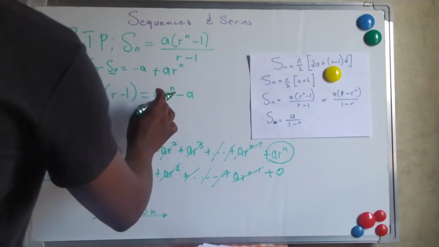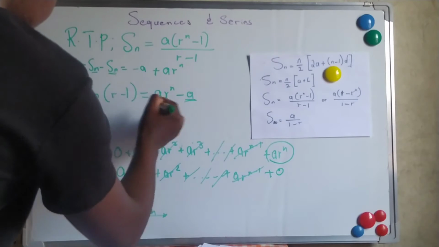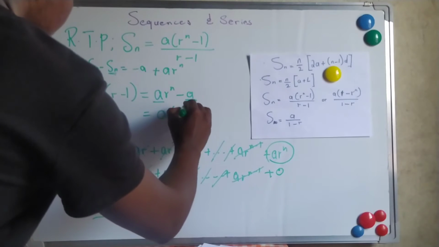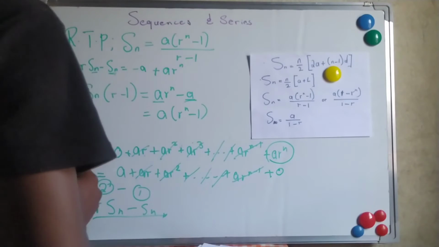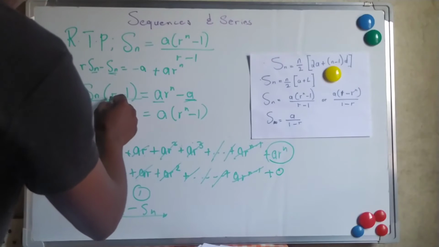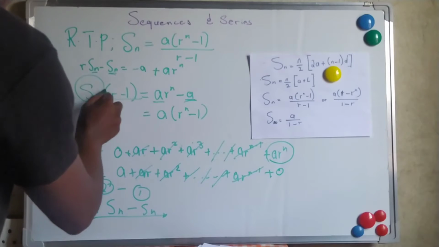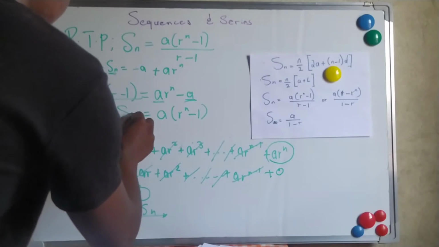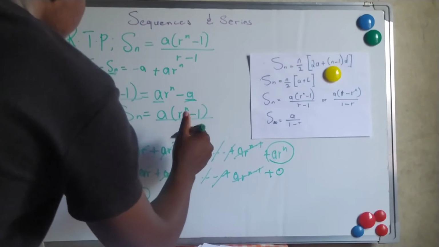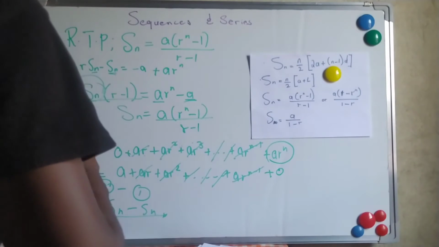Okay, this side you also have a common factor which you can take out, which would be a into r^n minus 1. And then this side you can divide by r minus 1 so that you are left with Sn. So you can say, okay, Sn divided by r minus 1.